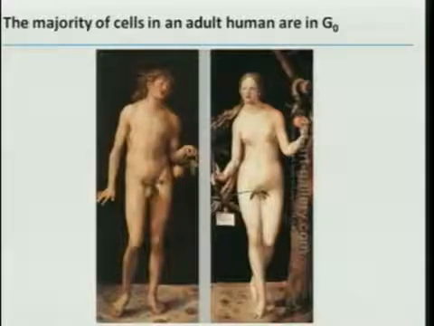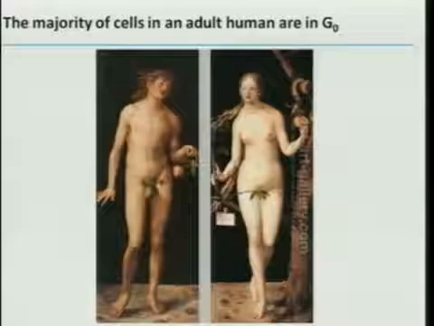In Adam, Eve, and all the gentlemen and ladies in this room, the majority of the cells, in fact, are in none of the four phases of the cell cycle that I just showed you. In fact, the majority of the cells in our bodies are in a specialized metabolic and non-mitotic state called G0.